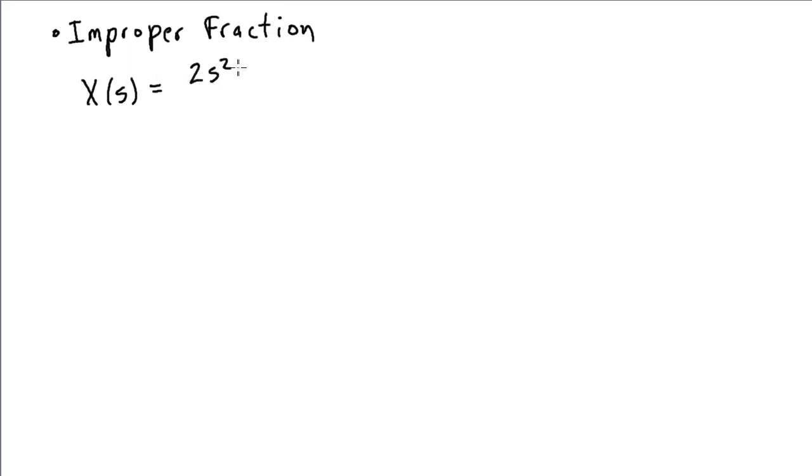In order for our partial fraction method to work, you've got to make sure that you're dealing with a proper ratio or a proper function, one in which the order of the numerator is less than the order of the denominator.